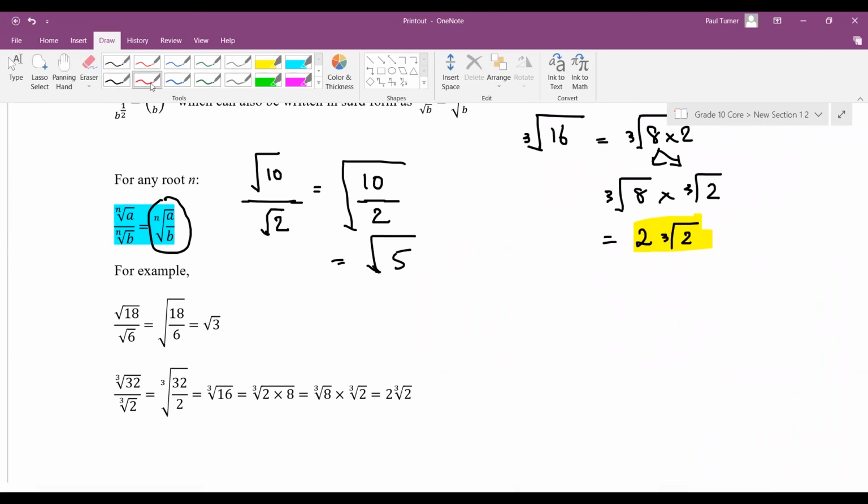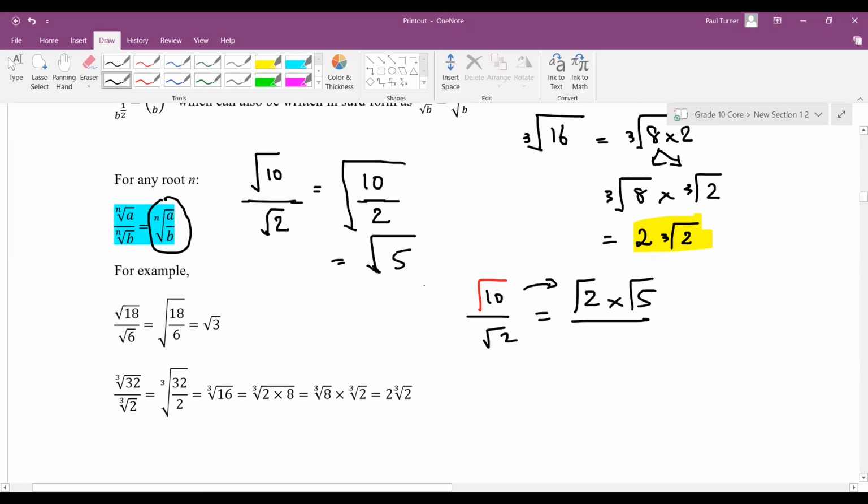Another way you can do it. So root 10 on root 2. Do you see another way we can do this? Anyone? Could we say root 2 times root 5 on the top?